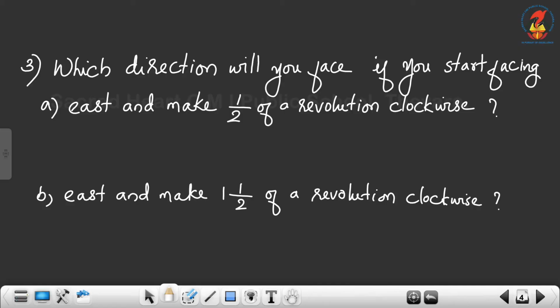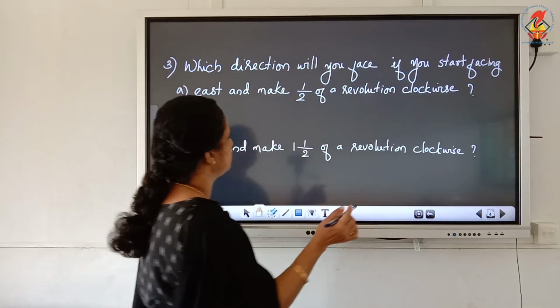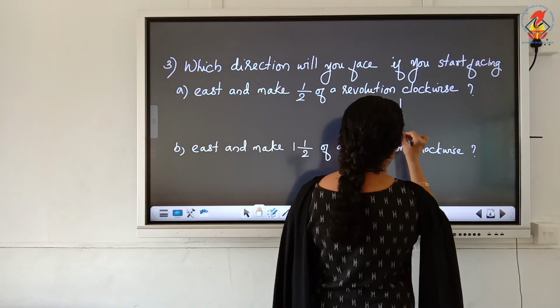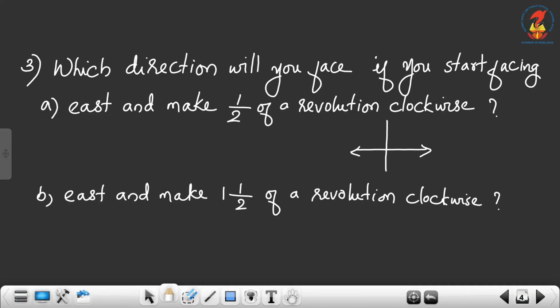Now, next question. Which direction will you face if you start facing east and make half of a revolution clockwise? We have to draw the 4 directions: north, south, west, east.